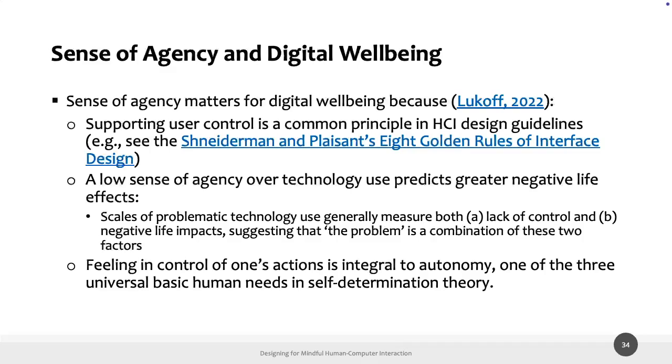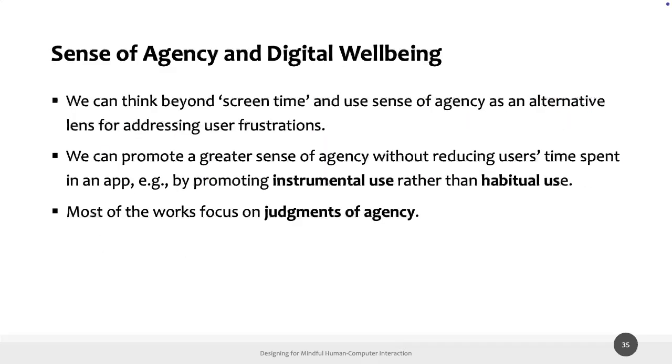So it's clearly relevant. We can think beyond screen time and use sense of agency as an alternative lens for addressing user frustrations. Of course, we want to promote this sense of agency without necessarily reducing the time spent online. So there is this opportunity to promote instrumental use rather than habitual use.